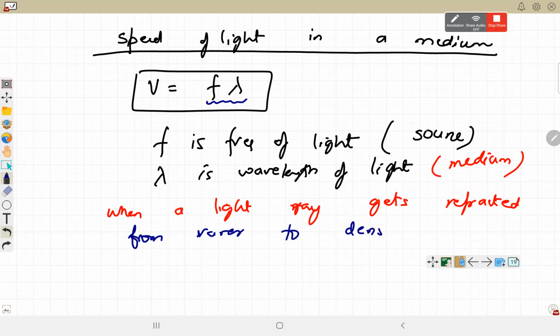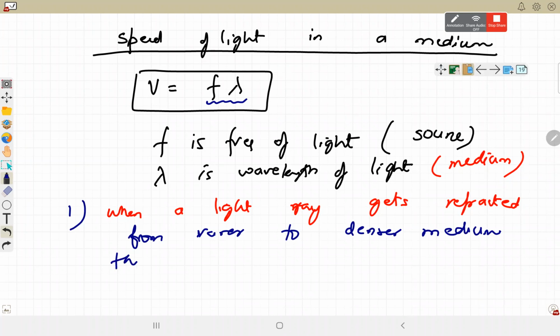From rarer to denser medium, the speed of light decreases, therefore wavelength decreases. Why did the speed of light decrease, by the way? Why is the speed of light decreasing on going into a denser medium? Any idea? Any explanation why it is getting less?